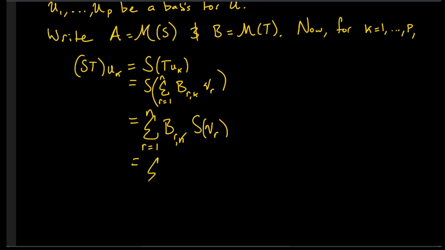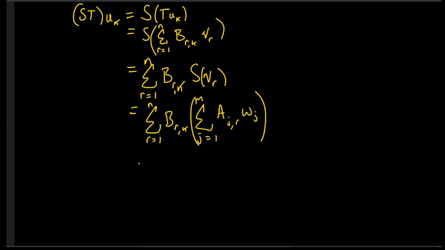So I just get back the sum from r equals 1 through n of B_rk, and now when I put S V_r through there, I get back the sum from j equals 1 through m of A_jr W_j.